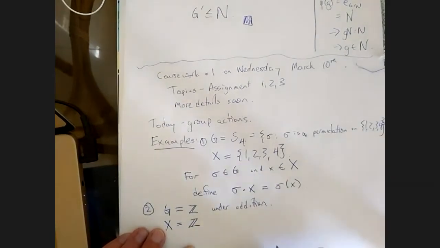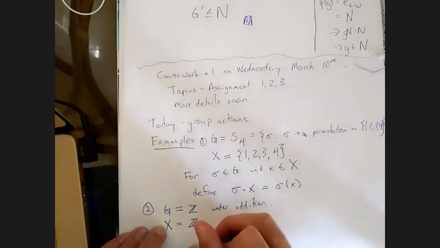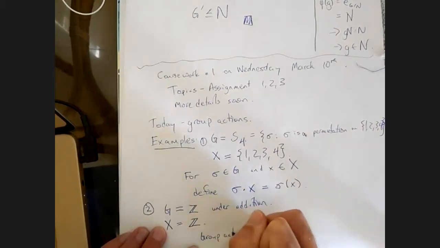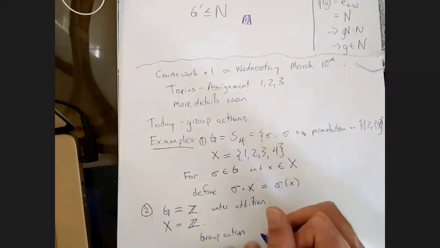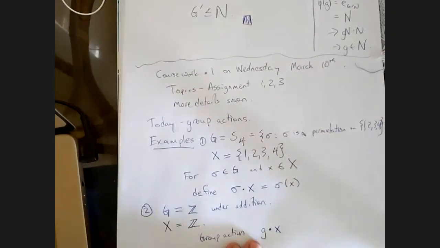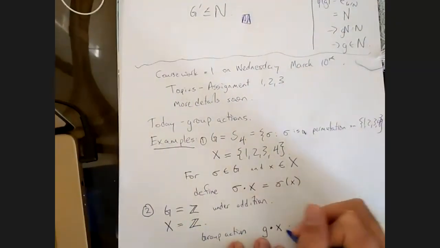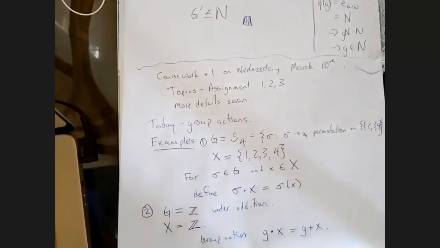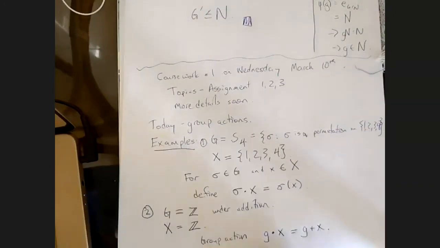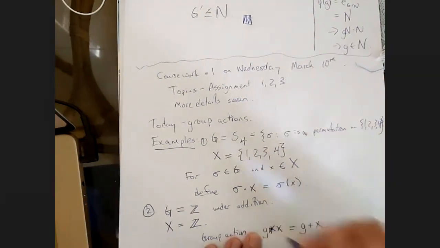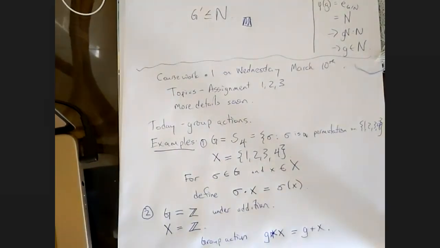And the group action might be just translation. So G acts on X by just doing G plus X. Maybe I'll give this a star or something.